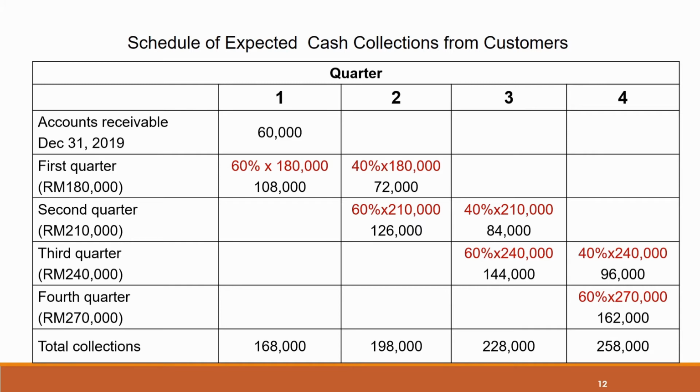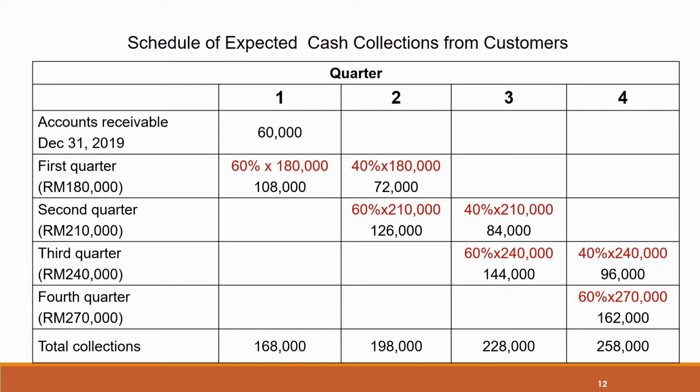The total sales for the third quarter is Rm 240,000. We will receive in the third quarter 60% from 240,000. So the amount is 144,000.